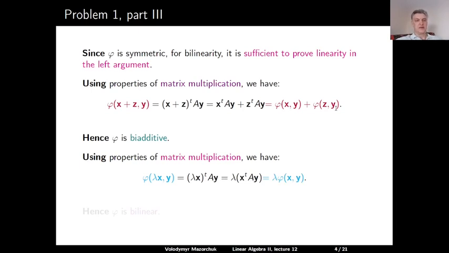And this implies that phi is linear in the left argument and hence bilinear because it is symmetric. So the first two conditions are satisfied for all values of a.